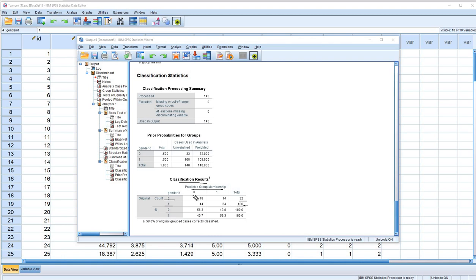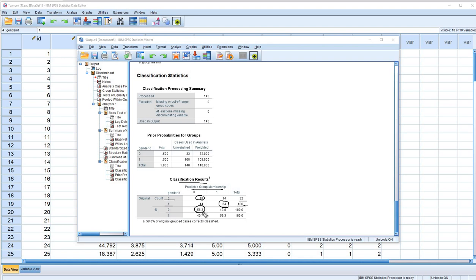And so essentially you can see that we had 18 individuals who were actually identified as male were correctly predicted by the model to be identified as male. And we had 64 individuals that were actually female that were correctly predicted by the model to be identified as female.